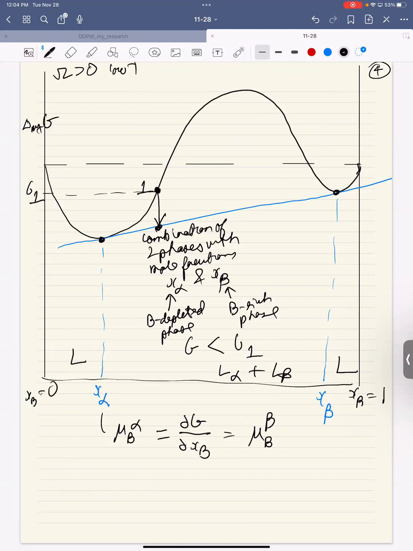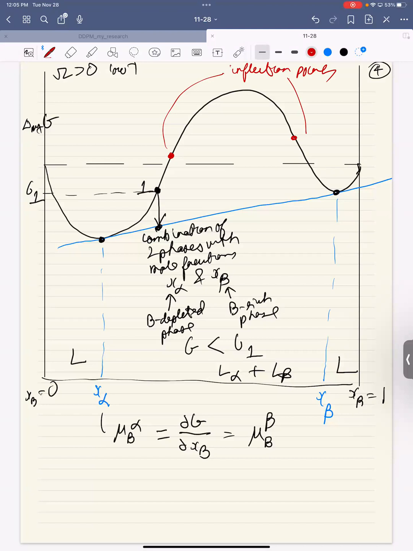In this free energy curve, I have only one topic left. Let's identify two very, very special points, okay? This point over here and this point over here. These are my inflection points, okay? Until this point, the free energy was more and more positive, right? And after this point, the free energy is more and more negative, right? So this is the point where the curvature of the free energy goes to zero.